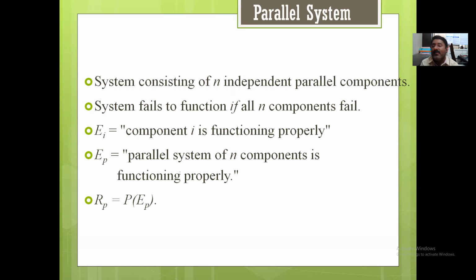I may be 1 to 10, so I stands for 1, 2, 3, 4, 5, 6, 7, 8, 9, 10, whatever the number of components. E with I denotes that the I-th component is functioning properly. EP means the parallel system of n components is functioning properly.